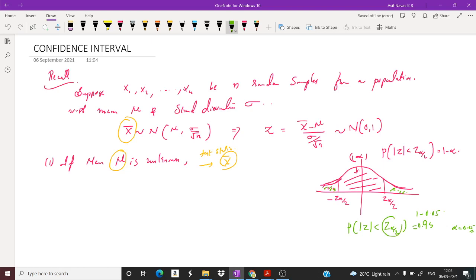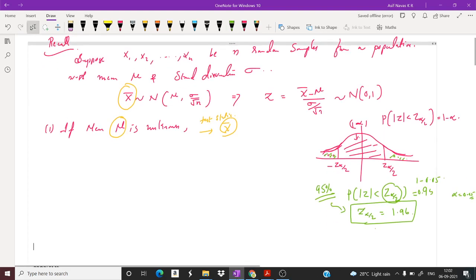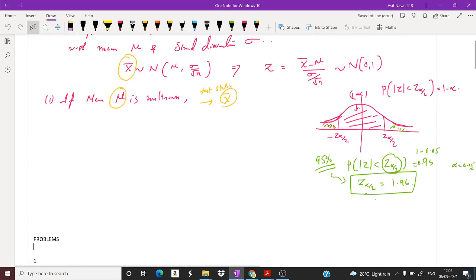Then we know from the table that z alpha by 2 is equal to 1.96.